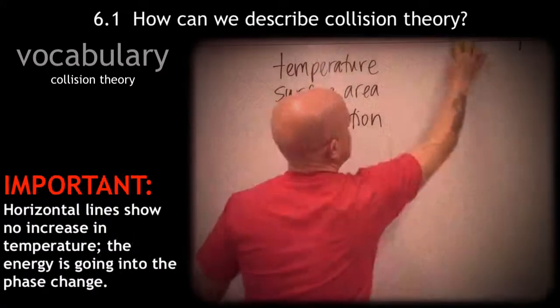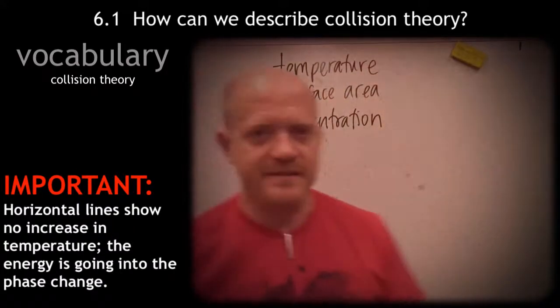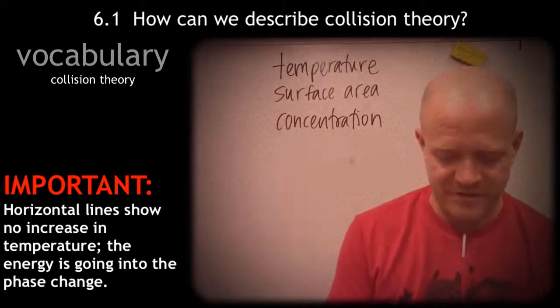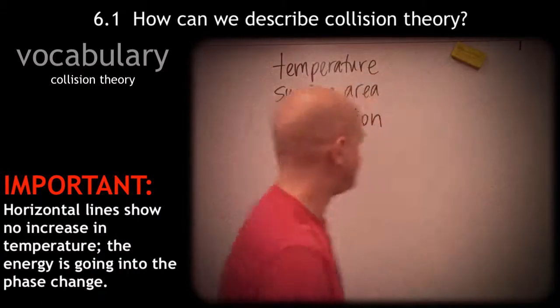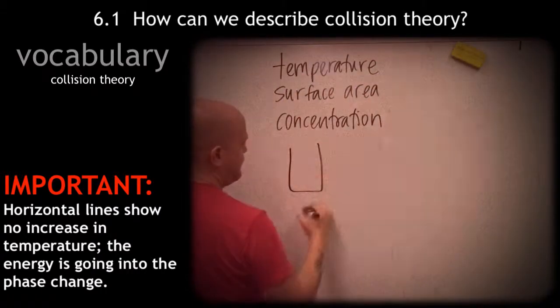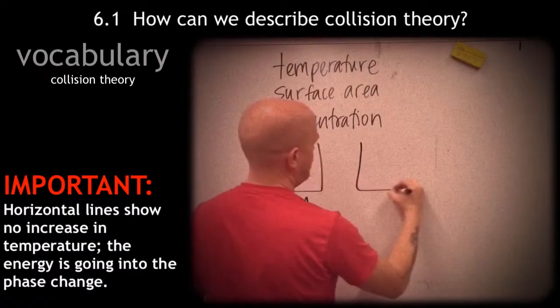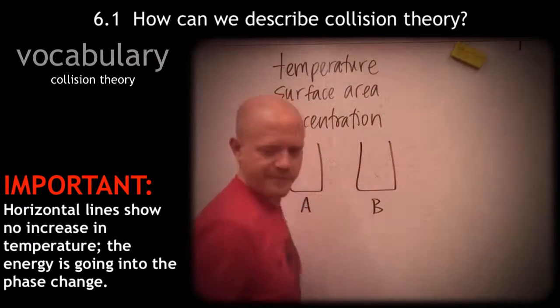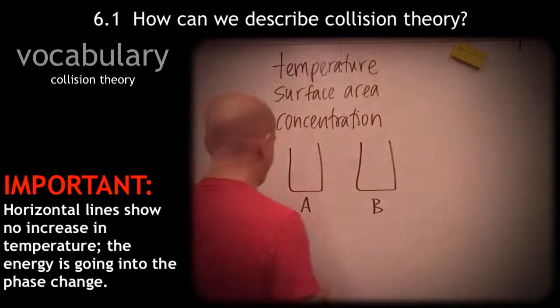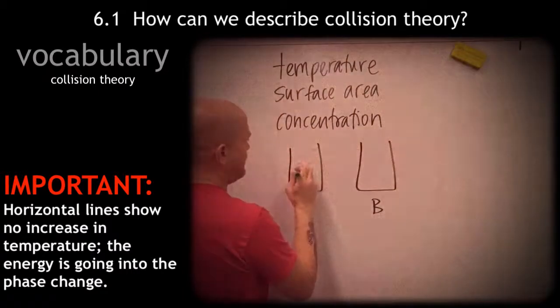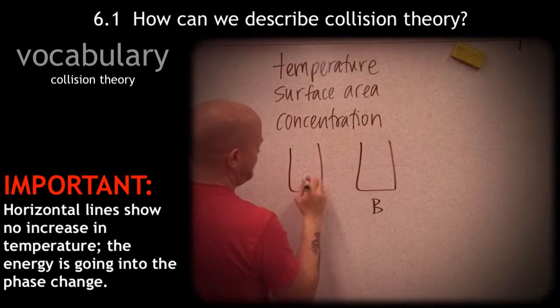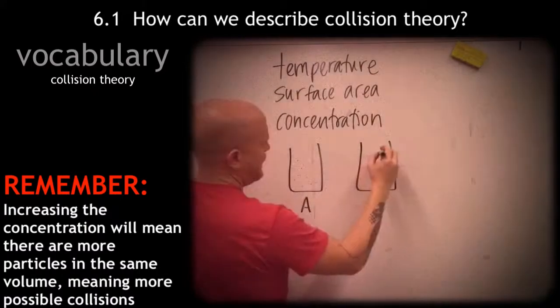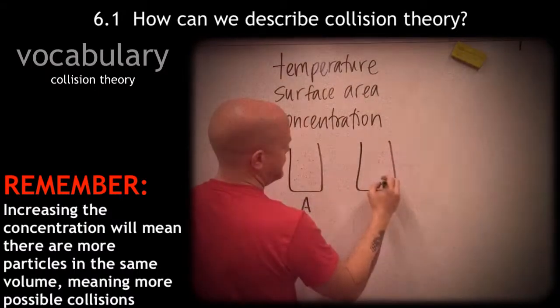And finally, increasing the concentration is going to increase the likelihood of a reaction. Let me show you why. Beaker A, beaker B, and I have element 1, and I have element 2.